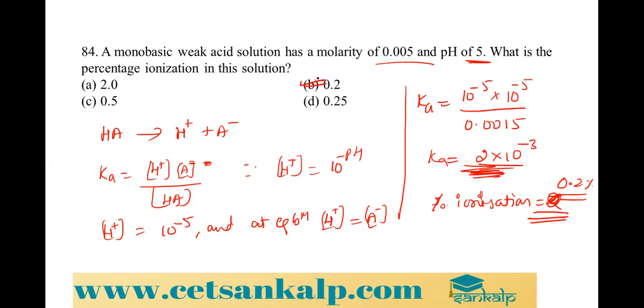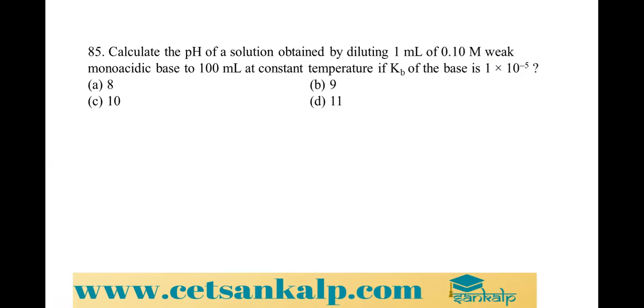Next, calculate the pH of a solution obtained by diluting 1 ml of 0.1 molar weak monobasic acid to 100 ml at constant temperature. If Kb of the base is 1 into 10 to the power minus 5.